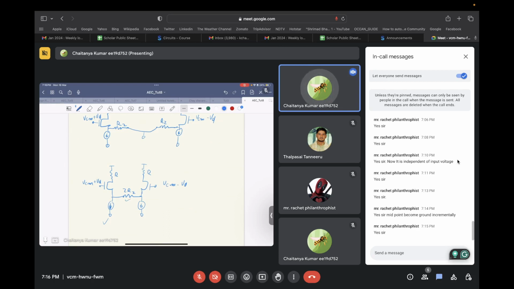So this will be a much more linear circuit as compared to the original one. You understand this?